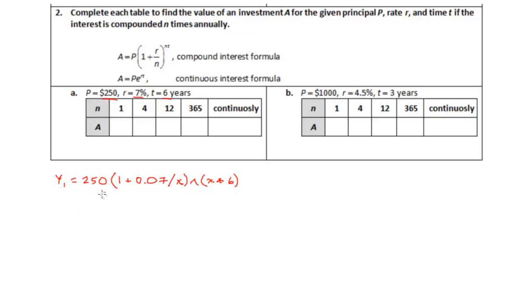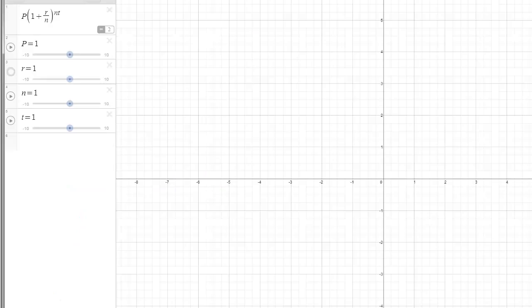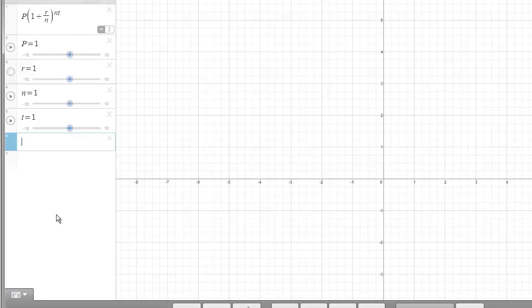Okay, I do have the Desmos system, and this is the formula, but I think what we want to do is just set this up as I showed you.